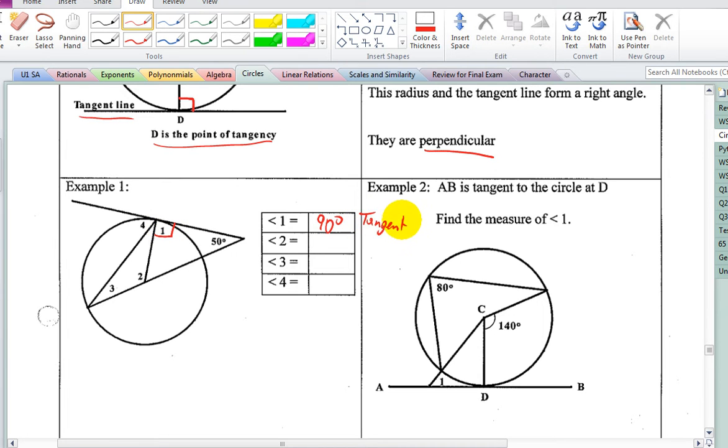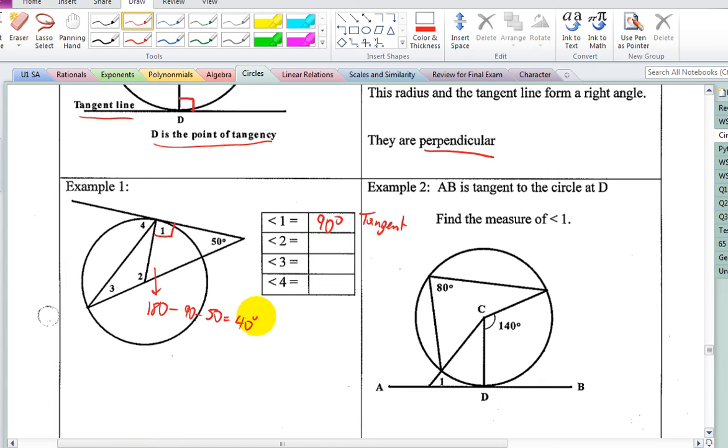What's angle 2? Well, let's leave angle 2. Let's find this angle right here. What is this angle? 180 minus 90 minus 50, which equals 40 degrees.